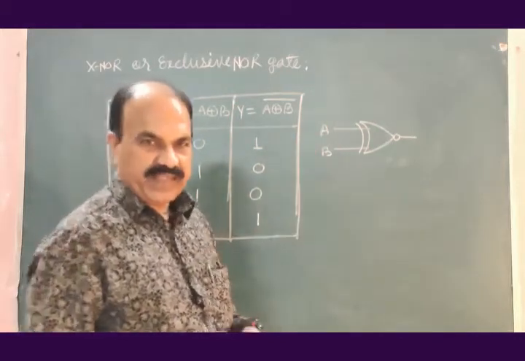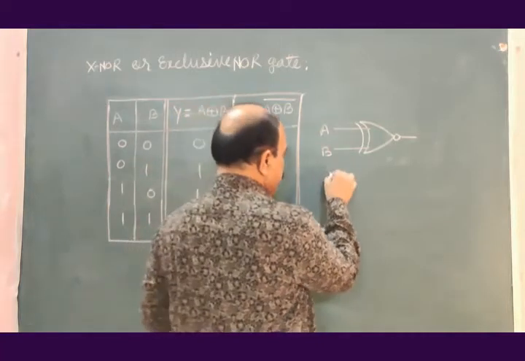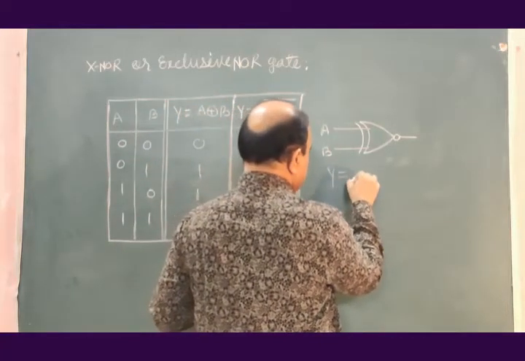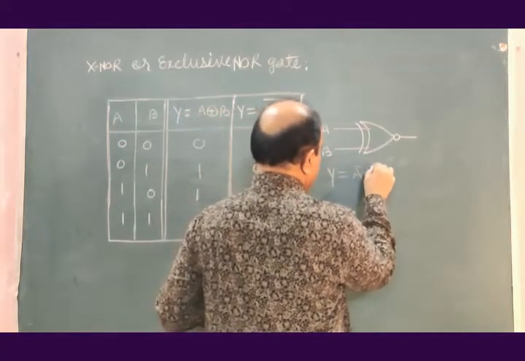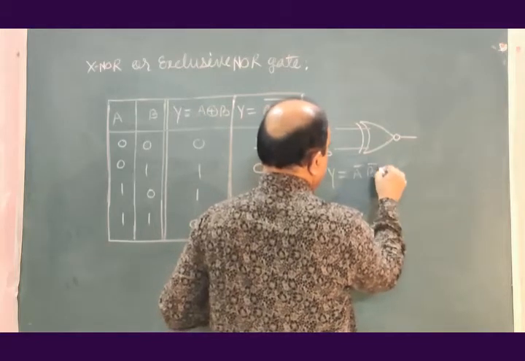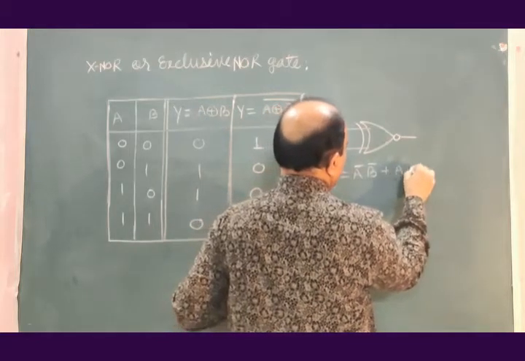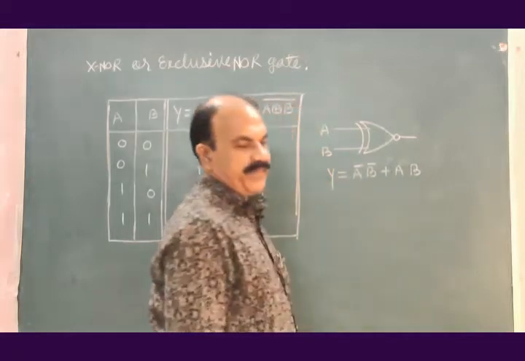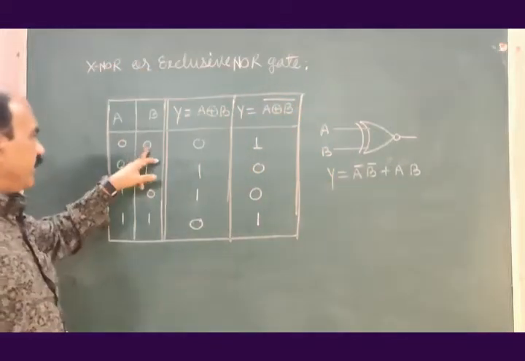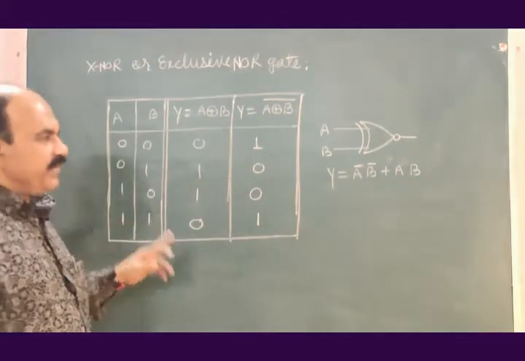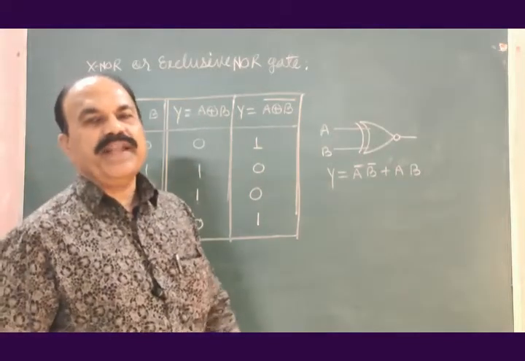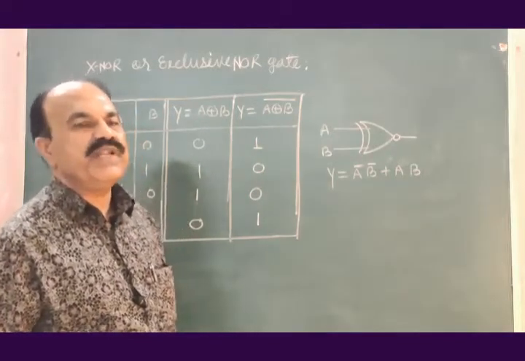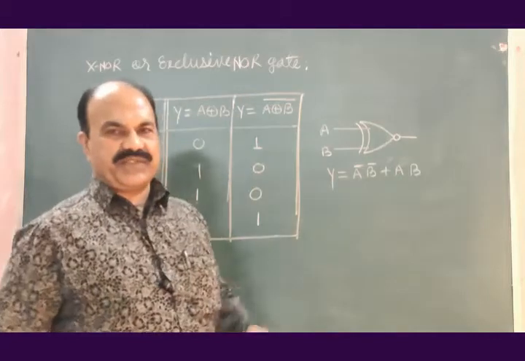And what is the Boolean expression for this? Y is equal to A bar B bar or A B. So the Boolean expression for two input XNOR gate is this.